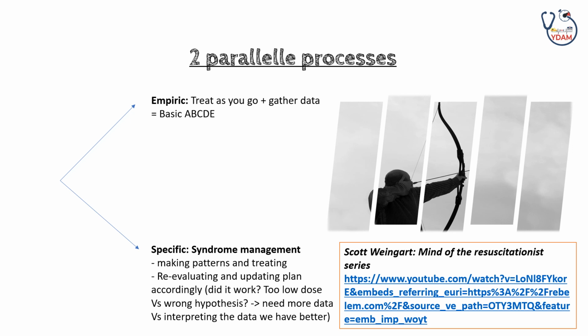Another example, the contrary example, would be thrombolysis, right? If you're going to give alteplase to someone who has pulmonary embolism with hypotension, then you want to make sure that it's not an aortic dissection or anything else. Sometimes you may not be able to do that, and then you have to make the decision. But that's a harder decision. That's where you maybe want to have more data first.